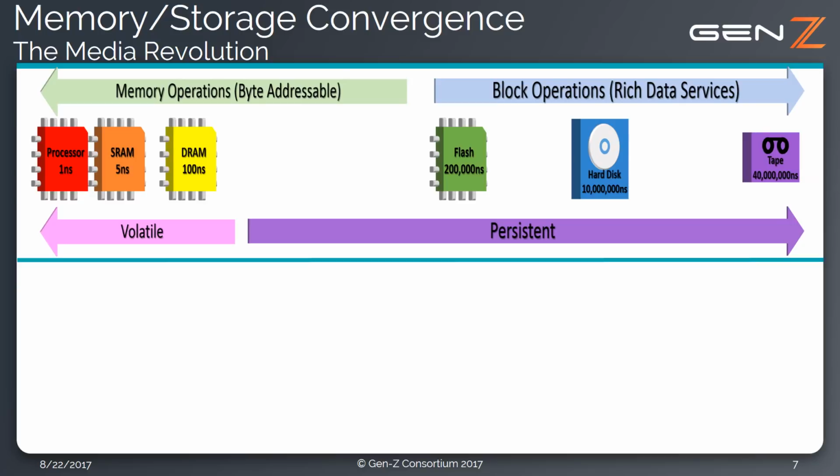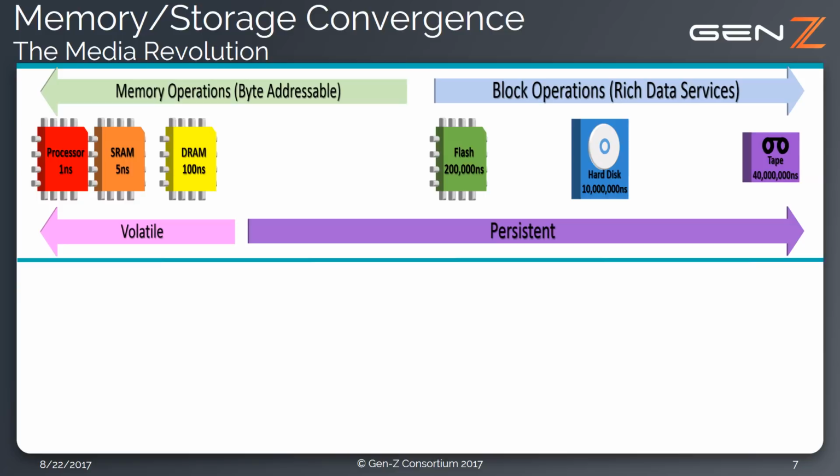Then there are the integrated or external SRAM devices, typically used for caches, that operate in the 5 nanosecond or less latency range, but still have very low load-to-use latency. Next is DRAM, which is typically external to the processors with higher latency in the 100 nanosecond range, but still provides excellent load-to-use latency on average when placed behind cache memory.